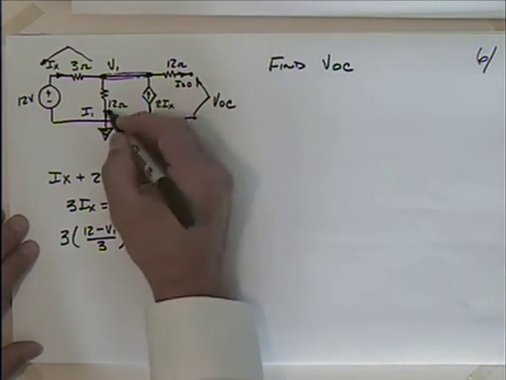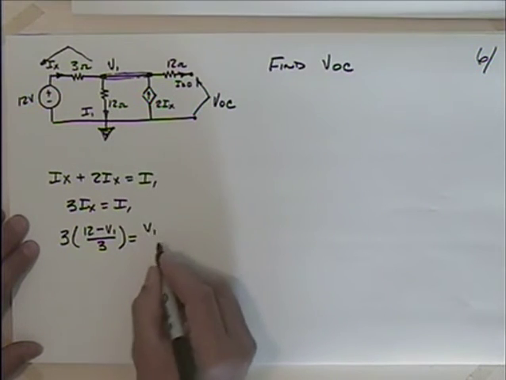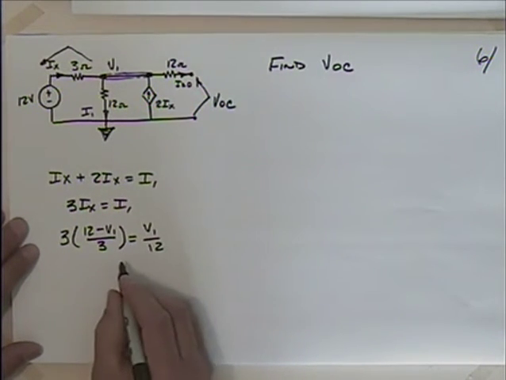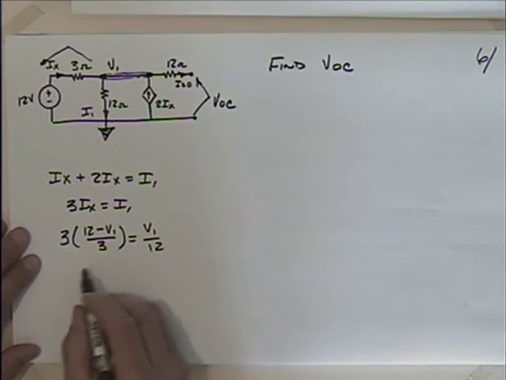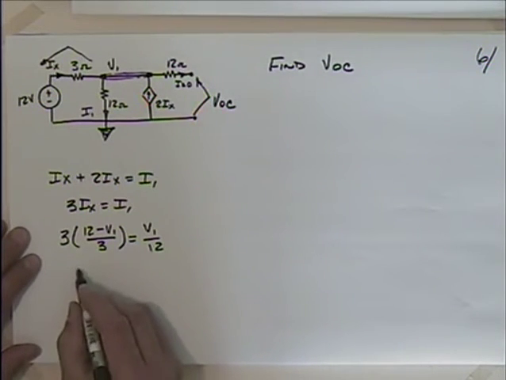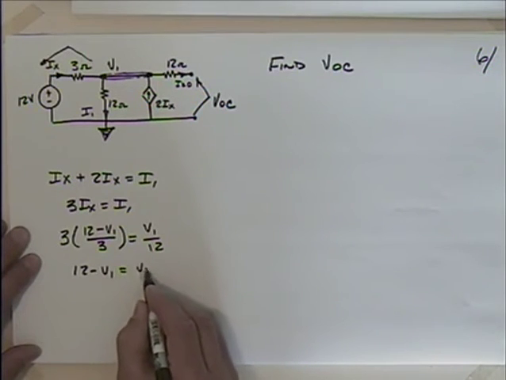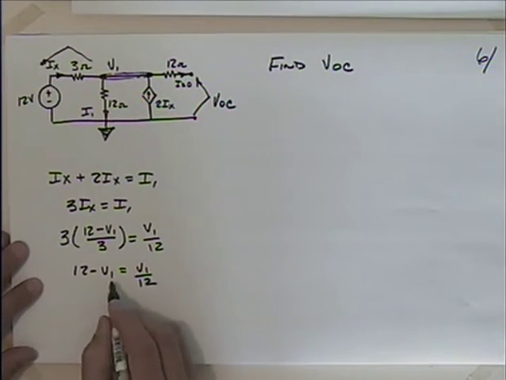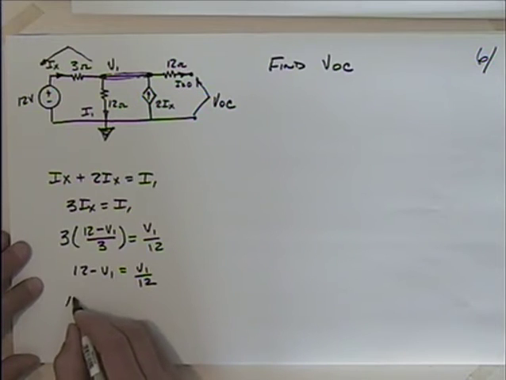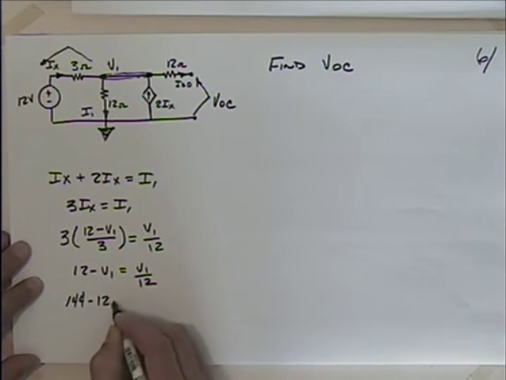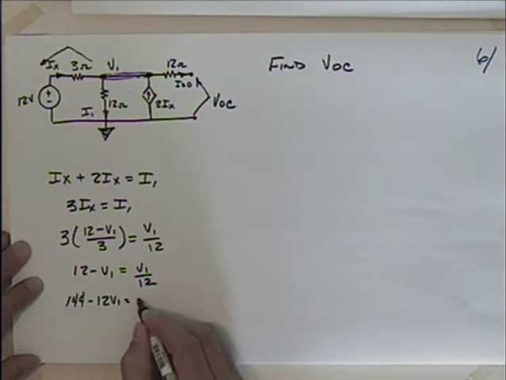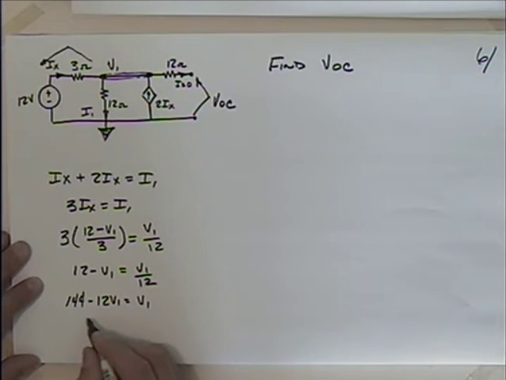What's I1? That's going to be V1 divided by 12. So I get 3's cancel. I get 12 minus V1 is equal to V1 over 12. Multiply the whole thing by 12. I get 144 minus 12 V1 is equal to V1.